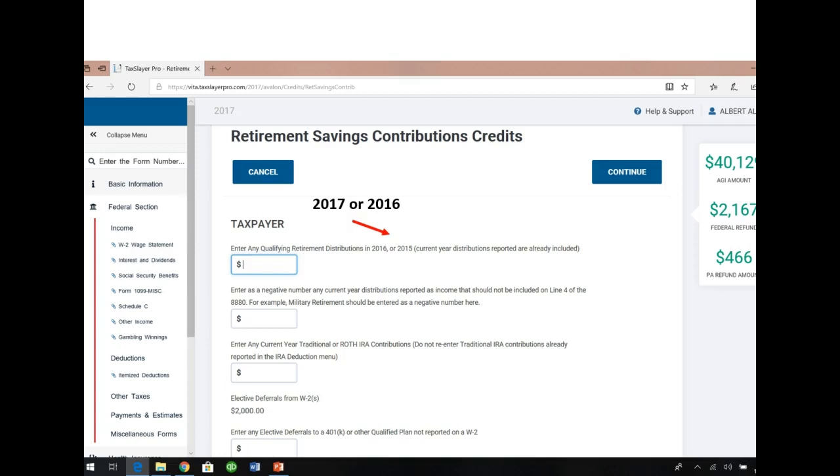That job forced them to take all their money in their retirement plan out, and they get a 1099-R for that. Meanwhile, they get a new job and start making retirement contributions to the new job, not realizing that that distribution from the retirement kind of knocks them out of this credit. It also is taxable income to them as well.